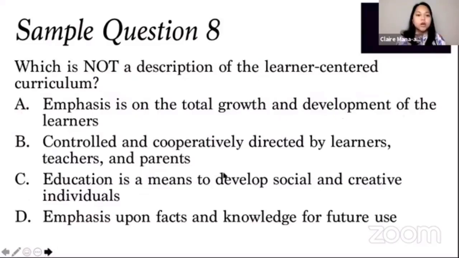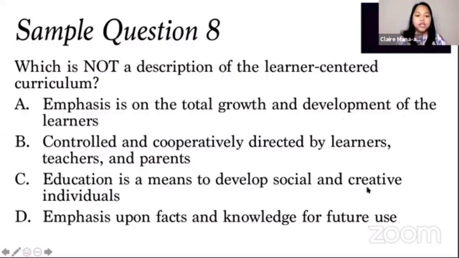We go to sample question number 8, which is not a description of the learner-centered curriculum. Which one of these is not a description of the learner-centered curriculum? Is it letter A, emphasis is on the total growth and development of the learners? Letter B, controlled and cooperatively directed by learners, teachers, and parents?